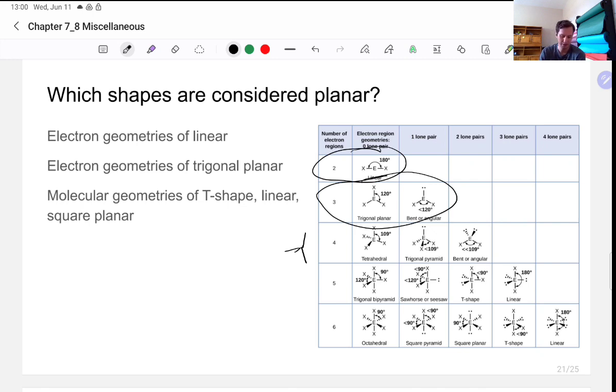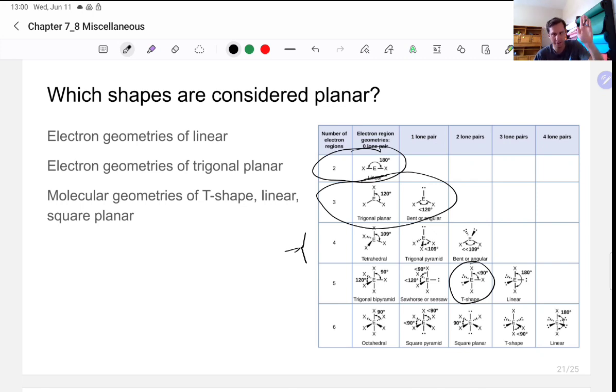Okay, then electron geometry of trigonal bipyramidal. In terms of the molecular geometry, the ones that are planar are T-shaped, because you have the 2 linear ones, and then one sticking out to the side like that.